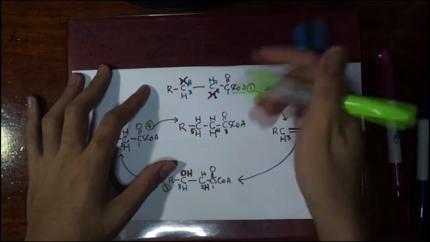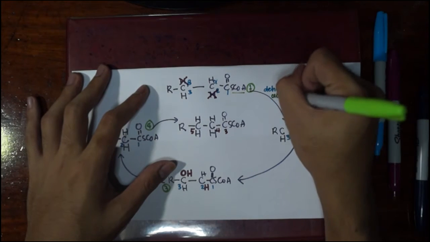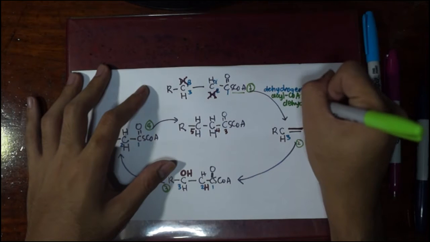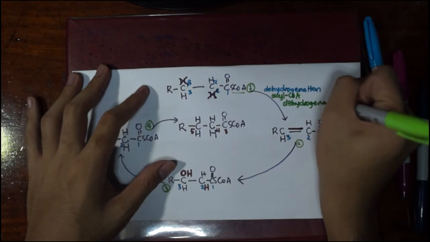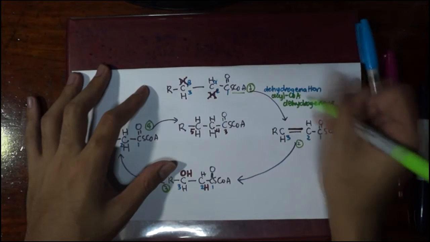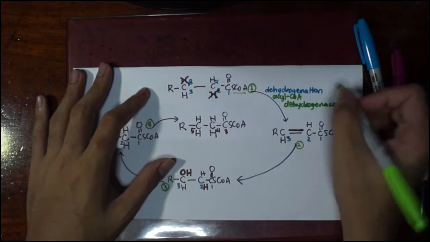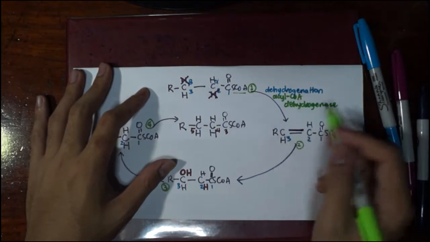The name of the enzyme that does that is simply acyl coenzyme A dehydrogenase. Very simple. You have a fatty acyl-CoA, then you dehydrogenate it. The name of the enzyme is very indicative of what's going on.